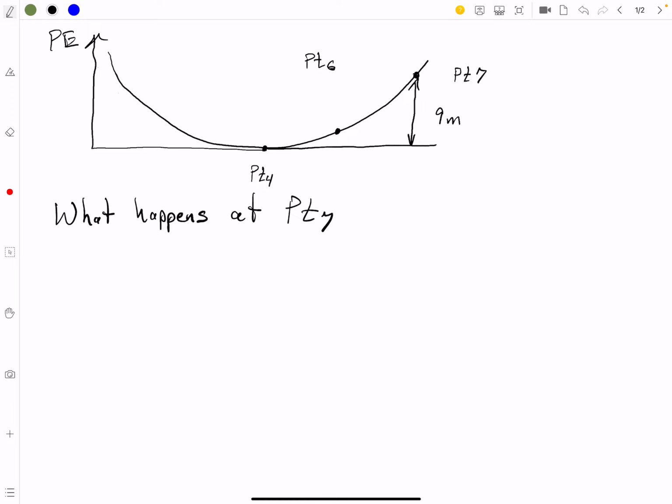At 0.7, the cart isn't going to get any further. Keep in mind, our force of friction is equal to 1,120 newtons. It's not going anywhere past there. It has to go back down. It starts to roll back down. That's fine. It starts going back down the other direction.